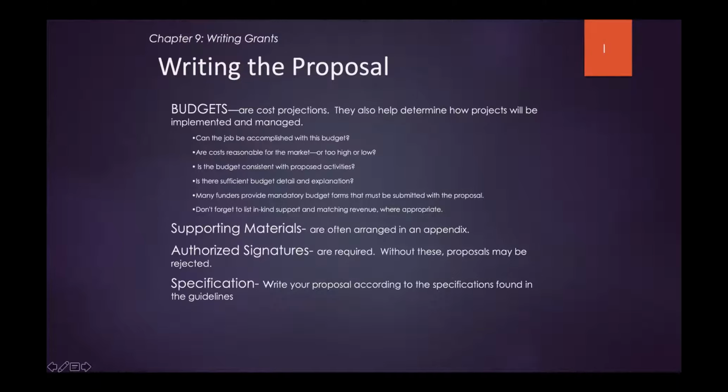They want to know, if you're saying that you're going to pay staff to do X, Y, and Z, or spend this much on materials, the question they will be asking themselves is: can this person actually accomplish this with this budget? And that's a question that you also have to answer honestly.